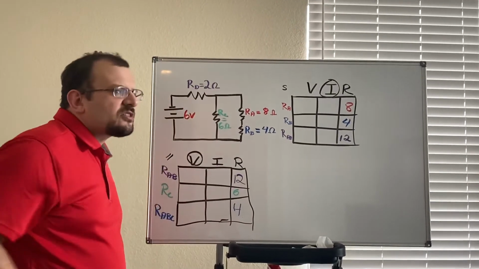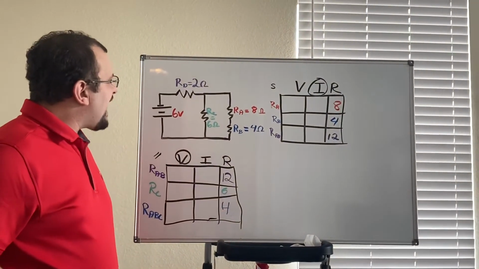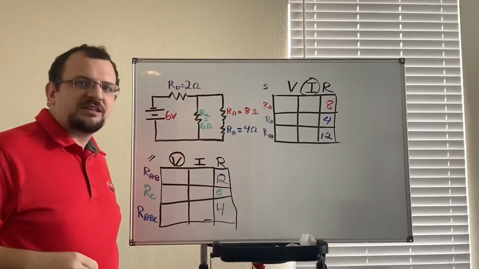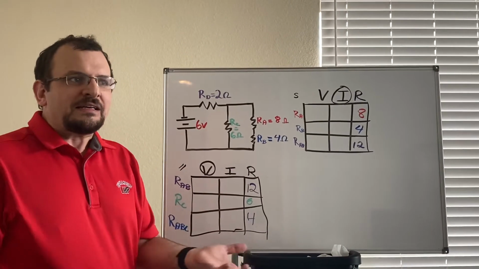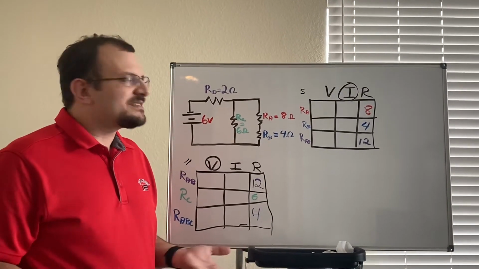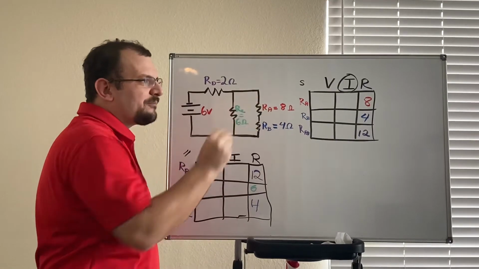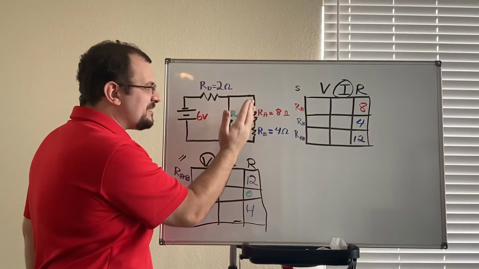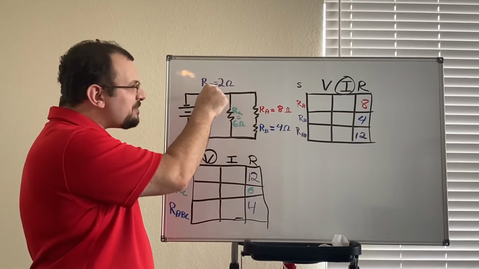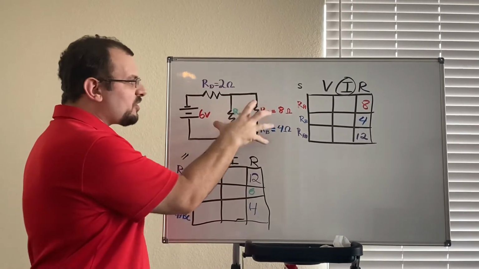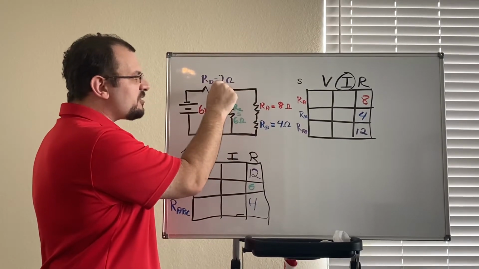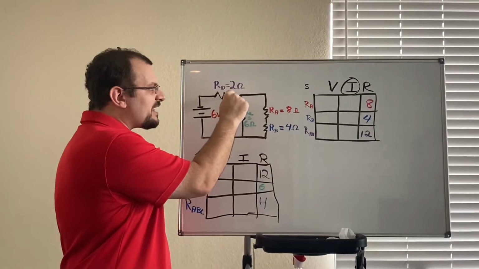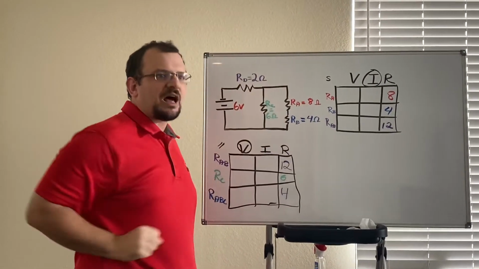Now, let's go back and look at our circuit and see that we now have these all combined into one big block, the resistance of all of this. So we have the effective resistance of resistor ABC, and that's going to be in series with resistor D. All of this is going to be in series with resistor D because the current that goes through here then has to go into this block right there.